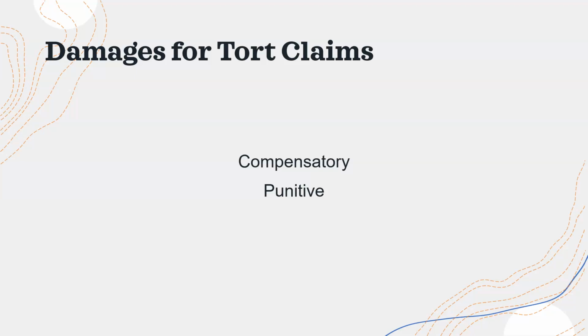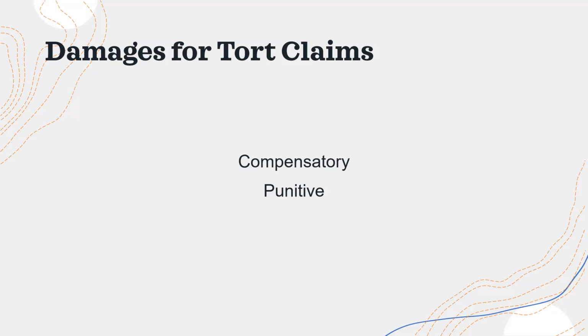Punitive damages we've also discussed. They are not to compensate, but to punish. Punitive damages are going to be available when the conduct is so egregious, so willful, so wanton, and by the way, those are terms that are found in your textbook as well, that the law allows for damages to be imposed to punish and, by example, to deter others from exhibiting the same type of behavior or conduct.